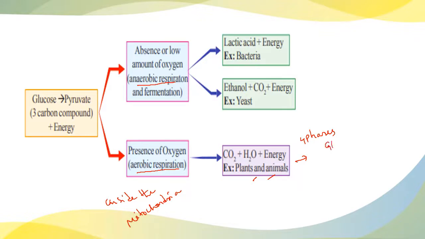Number 1 is glycolysis, the second one is the Krebs cycle, the third one is the electron transport chain, and finally energy generation, that is oxidative phosphorylation.